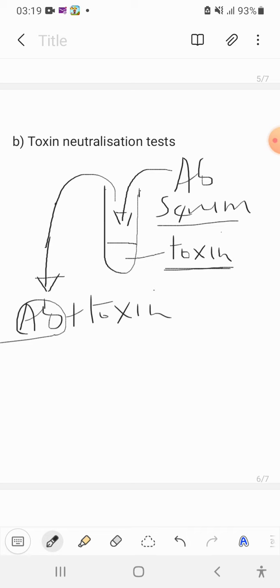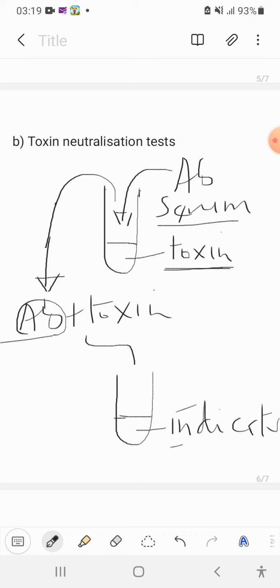And let's say you put in another tube with an indicator of the biological effect of the toxin.